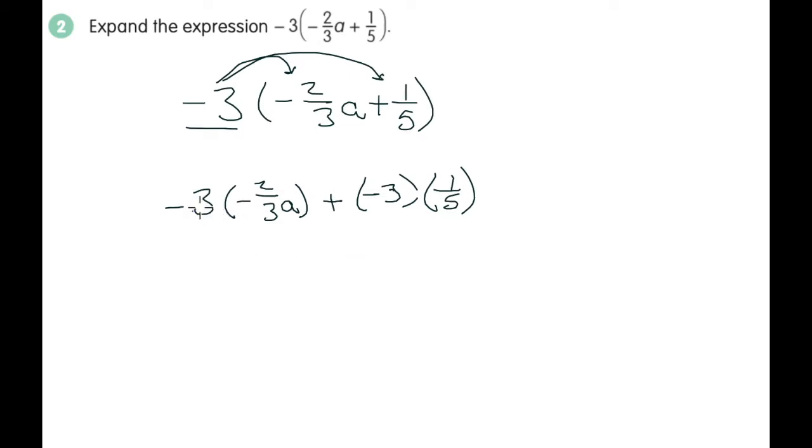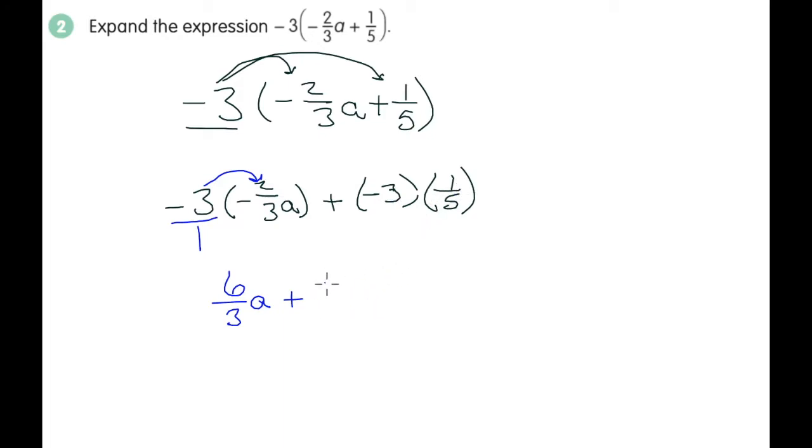And as a refresher, when we multiply an integer by a fraction, we could just take the integer and multiply it by the top part of the fraction, because another way of writing an integer as a fraction is just putting it over 1. So we multiply a negative times a negative here, and we know negative times negative is positive. And then 3 times 2 is 6/3 a plus a negative 3 times a positive 1/5 would give us a negative.